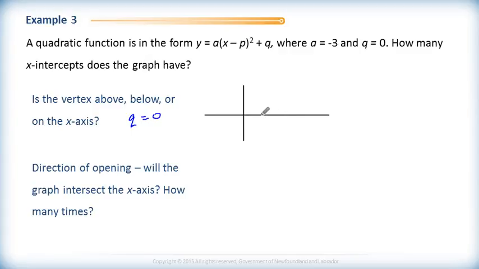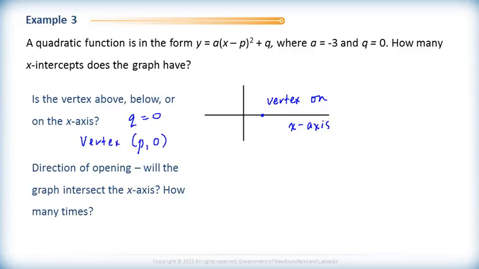It doesn't matter where it is, the vertex must be on the x-axis. The p-value slides it left and right, so the vertex is at (p, 0), basically. So I'll mark that down here, vertex (p, 0).